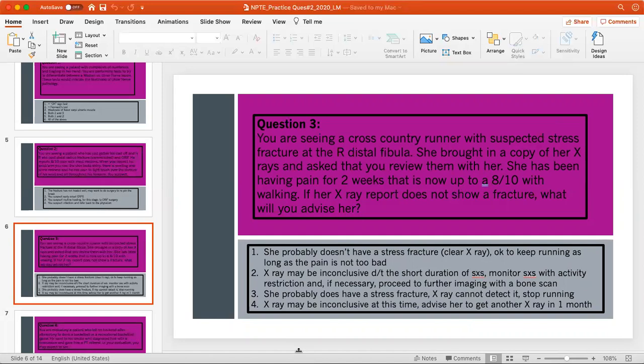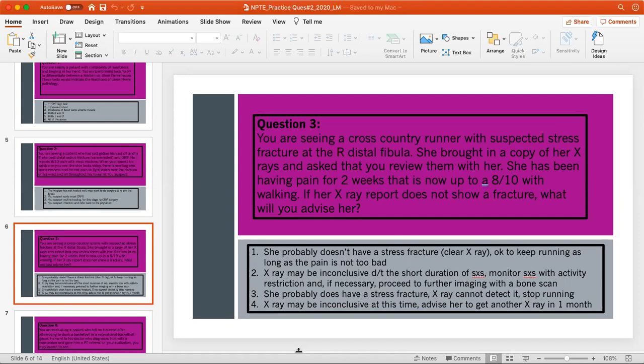I would probably say 2. Because stress fractures aren't always super obvious on x-ray if it's really recent or really small, so that might not show up.